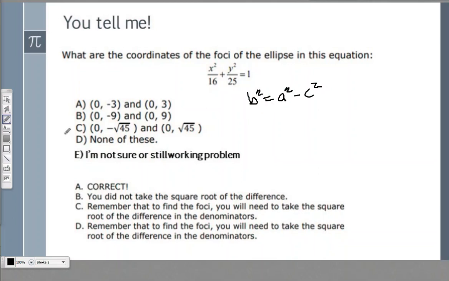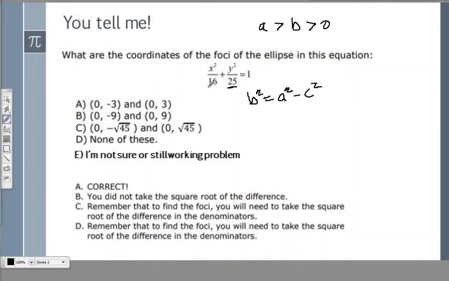This one's going to be vertical because remember, your a always has to be the greater value. It said it like this, that a is greater than b, which is greater than 0. And since a is our greatest and it's under y squared, I know this is my a value.